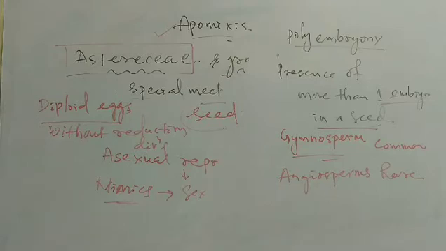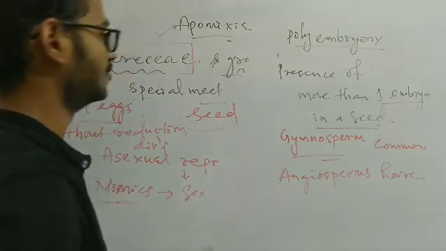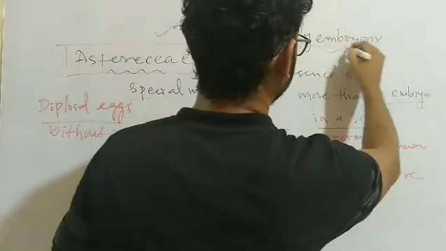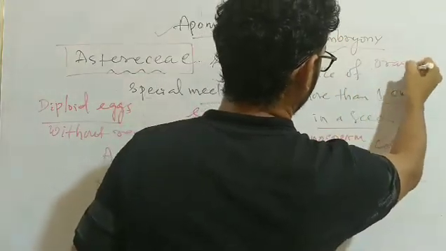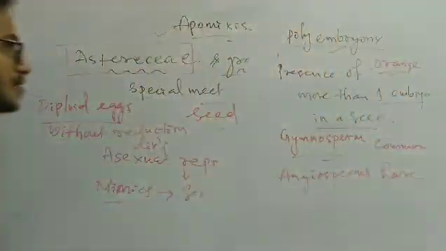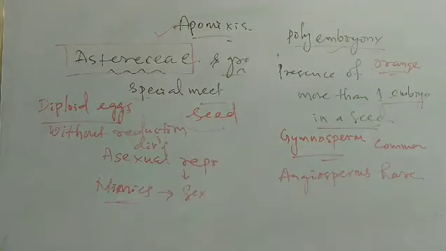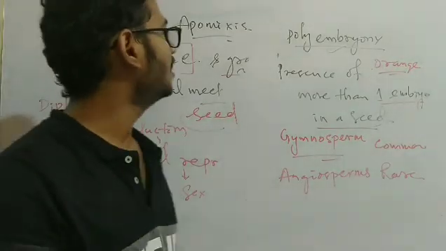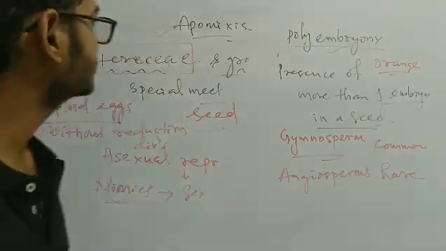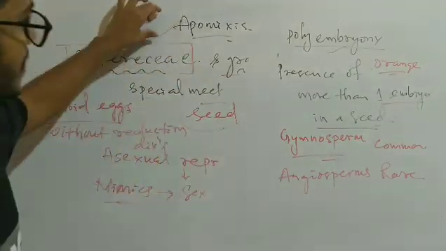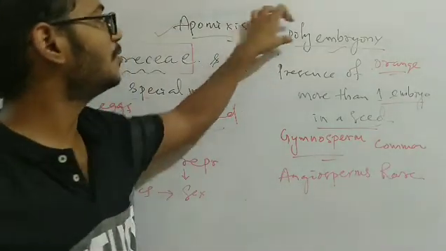It is also reported in orange by Leeuwenhoek. Leeuwenhoek reported polyembryony in orange, this is important, in the year 1719.